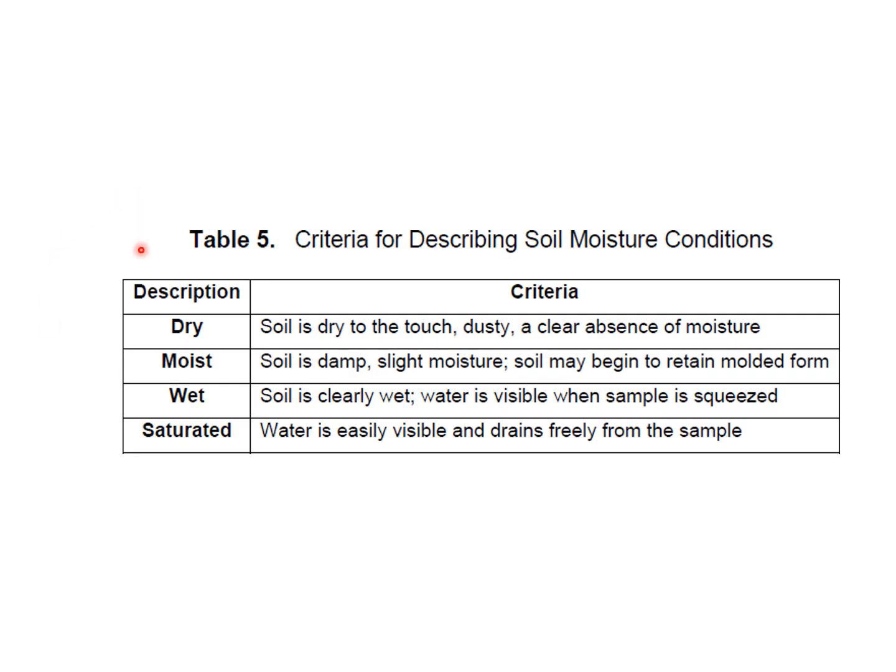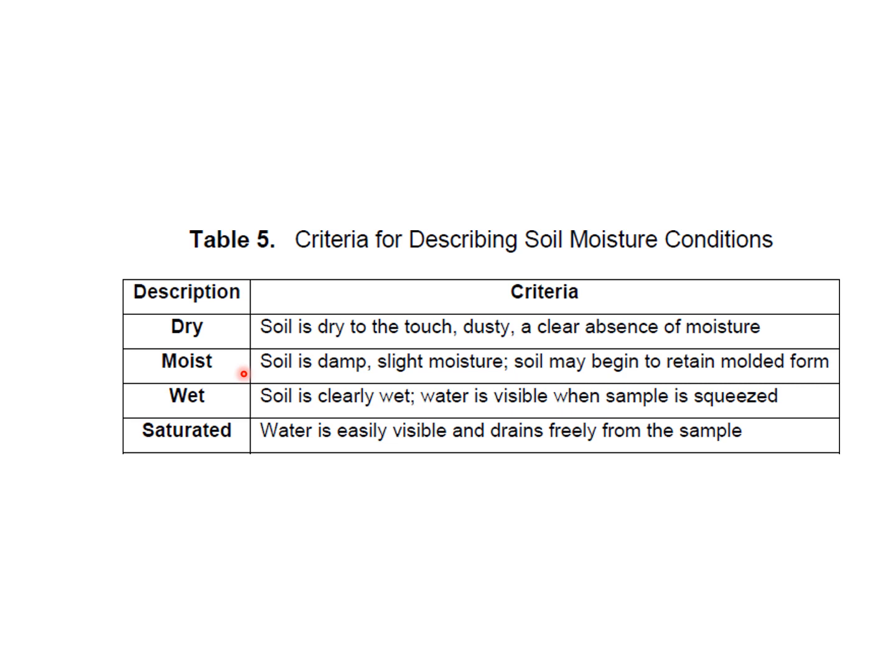Here is Table 5, criteria for describing soil moisture condition: dry, moist, wet, saturated. Dry means the soil is dry to the touch, dusty, with clear absence of moisture.